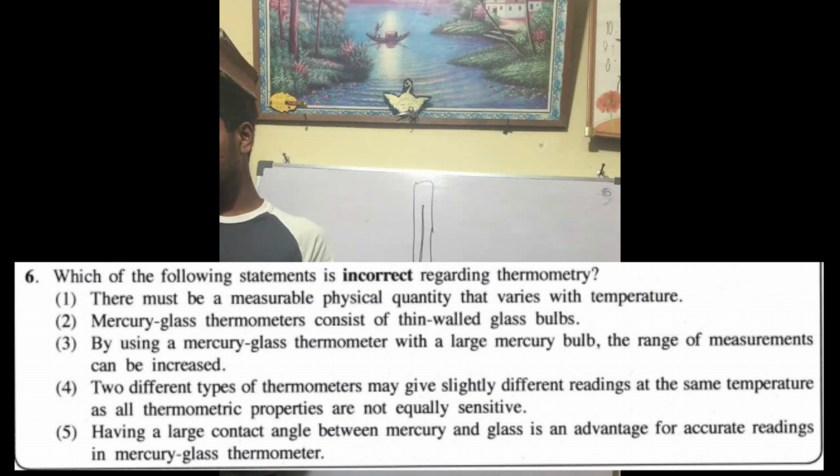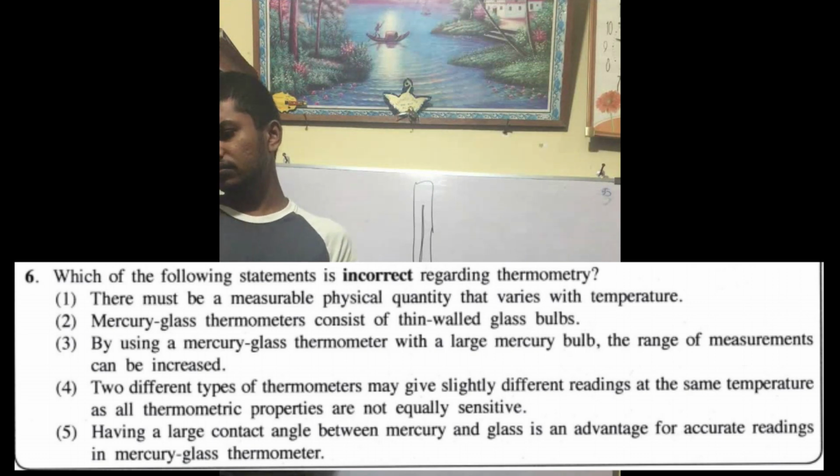Two different types of thermometer may give slightly different readings at the same temperature, as all thermometric properties are not equally sensitive. That is a simple one. You know that if the sensitivity is different, two thermometers will give slightly different temperature readings, right?